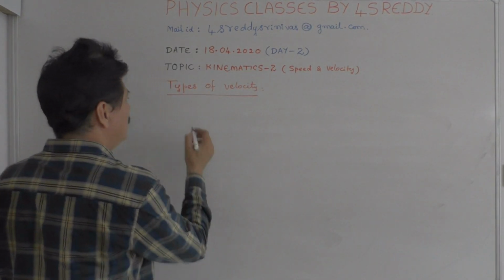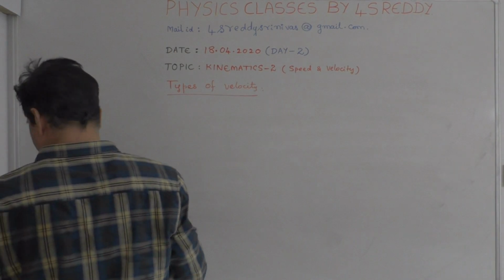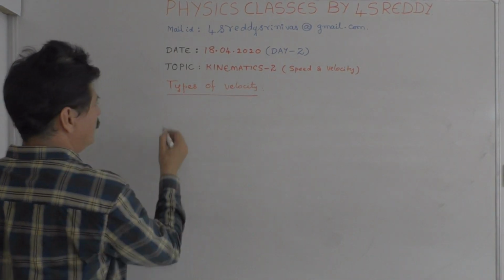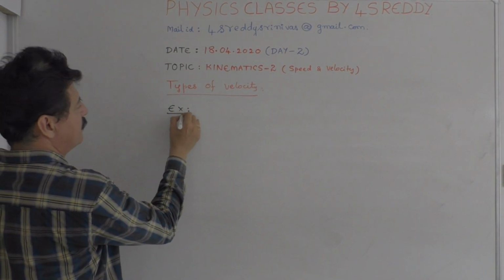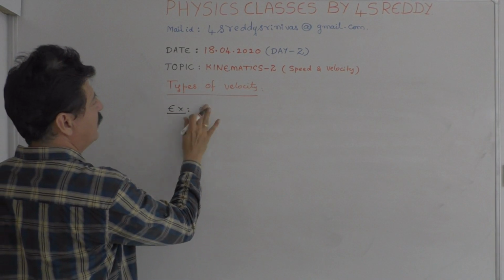Can you give any examples related to non-uniform velocity? Let us say the first example, a freely falling body.